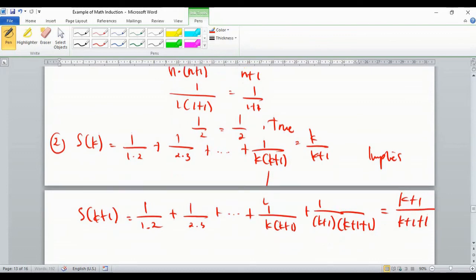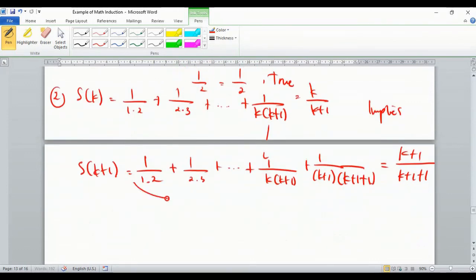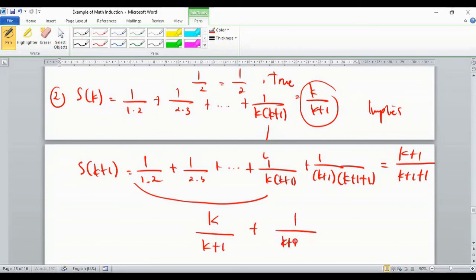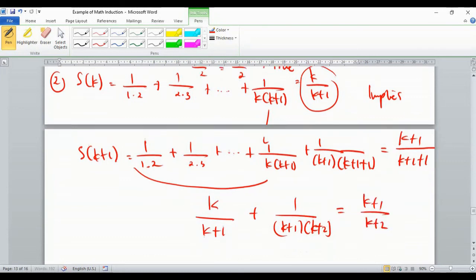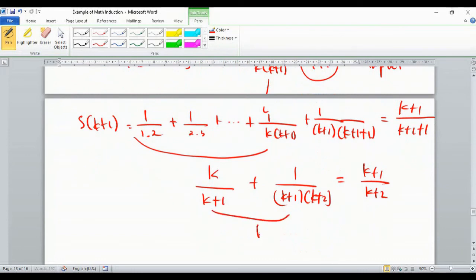Okay, so from here we can substitute with k: k over (k plus 1) plus 1 over (k plus 1)(k plus 2) equals (k plus 1) over (k plus 2). Okay, so in here is the left-hand side and the right-hand side.